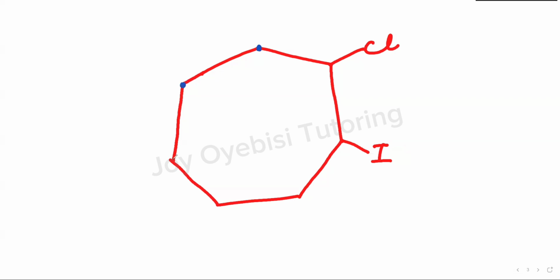For the second example, again, we start by identifying all our carbons, and the corners are the carbons. So this is a carbon atom, carbon, and then carbon. Now we count. For this one, because you have a substituent attached, this is chloro. So chlorine as a substituent is chloro. Iodine as a substituent is iodo.